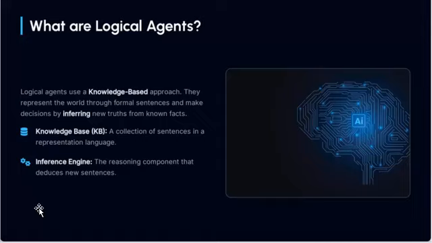And second, we have the inference engine. The inference engine examines existing facts and derives new conclusions. For example, if the knowledge base contains the fact all humans are mortal and Ali is a human, the inference engine can conclude that Ali is mortal.